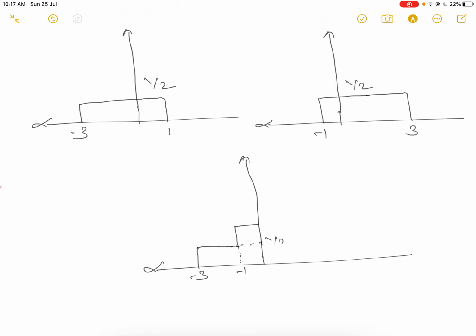Here is the half, here is the 1, and it goes up to +1. After +1, the shifted signal h2(t+1) is removed and only h2(t-1) is present. So it comes down to half and goes up to 3. This is h(t).